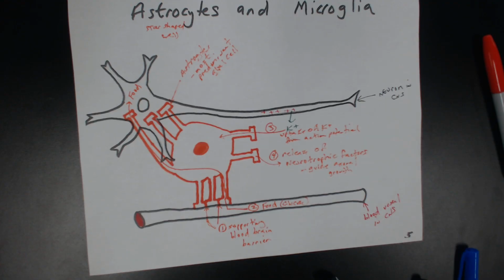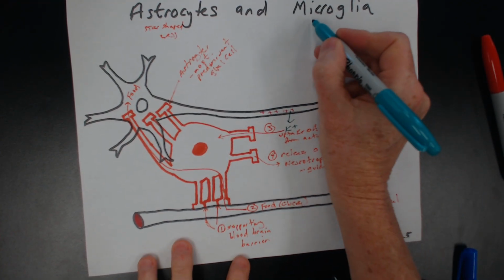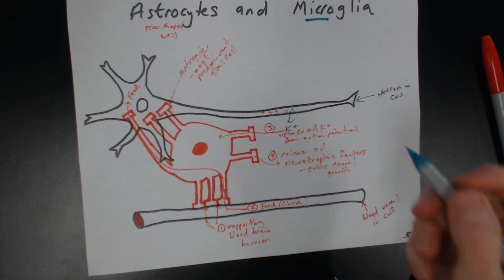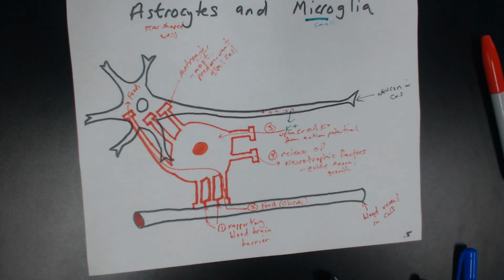And then there's going to be one more thing that we're going to talk about as far as this slide is concerned, and we're going to talk about the microglia. So if I gave you the word micro, what do you think? Small, okay? These are just small glial cells. Great.